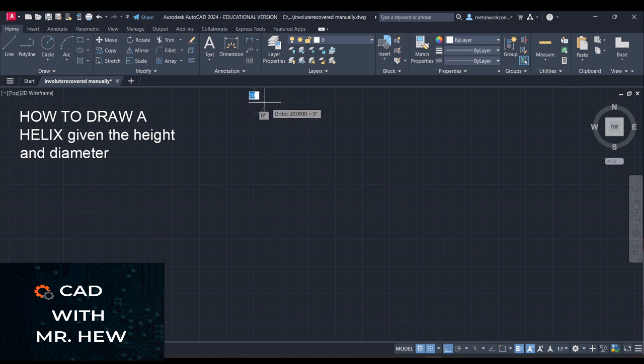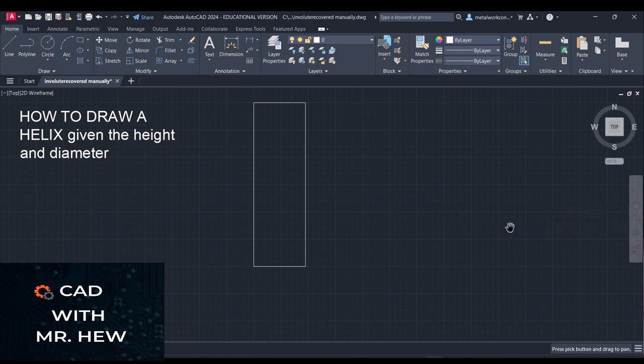So we're gonna go 90 measurement for the width, and we're gonna go down for the height, yes. Then we're gonna go across for the width, then we're gonna go up back for the height. All right, so there is our first step to draw the helix.